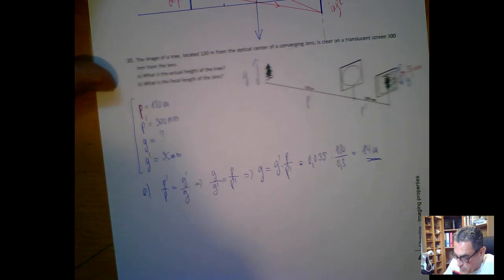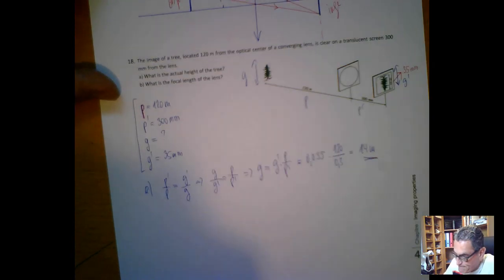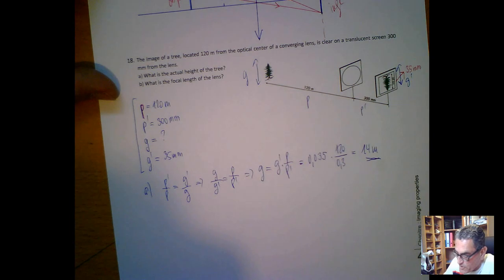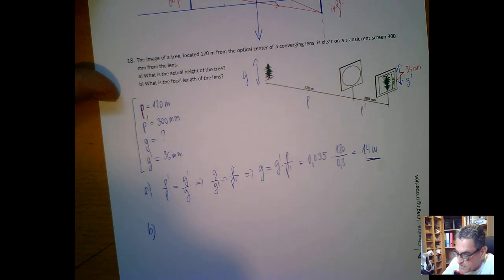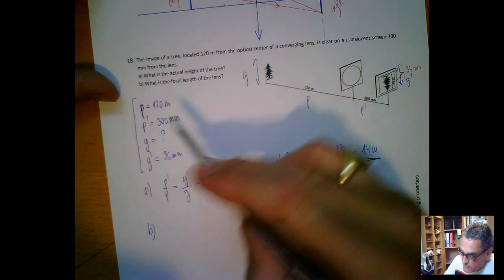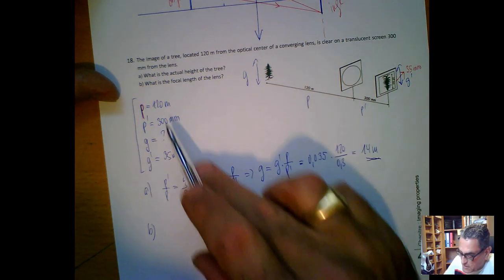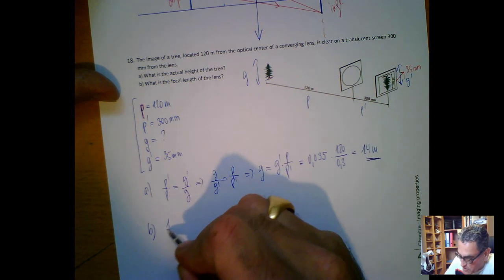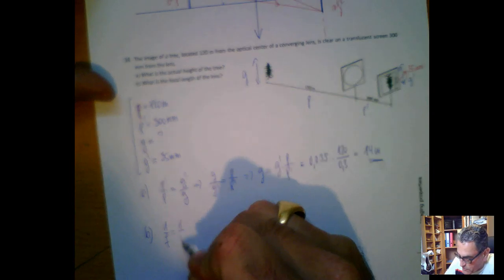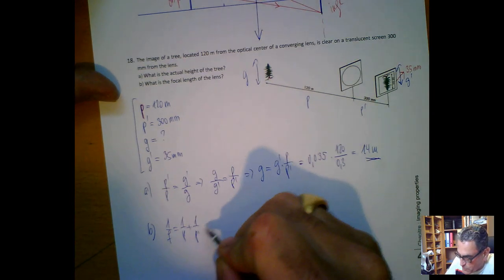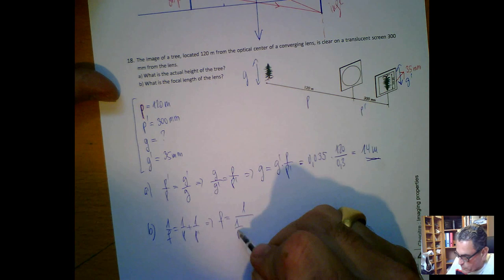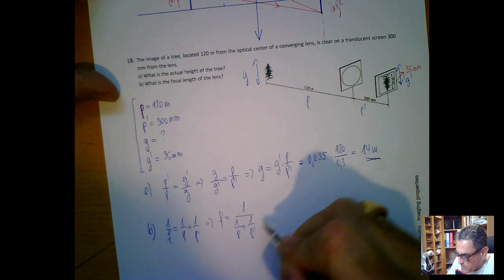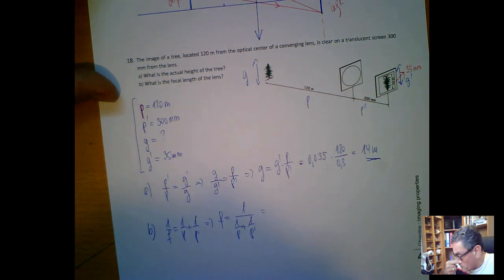It's a sequoia probably. That was question A. And question B, what is the focal length of the lens? Well, now we have p and p prime, so again 1 over f is 1 over p plus 1 over p prime, gives us f is equal to 1 over p plus 1 over p prime.